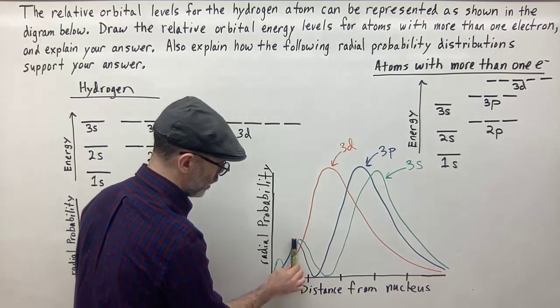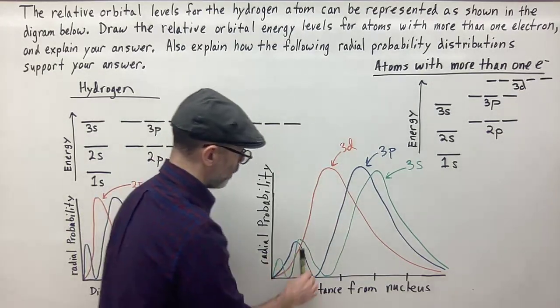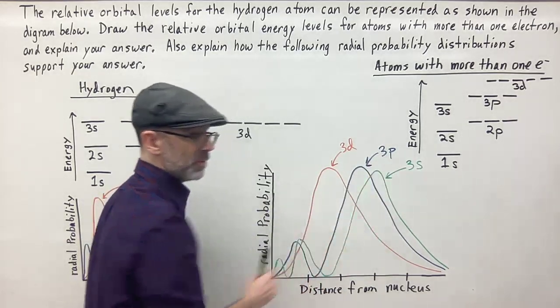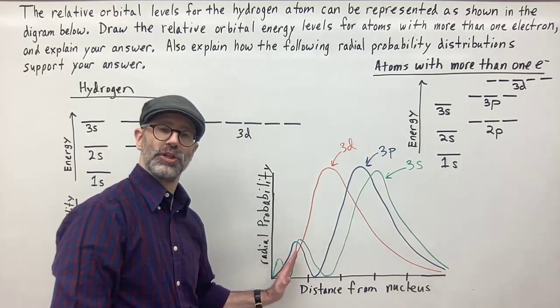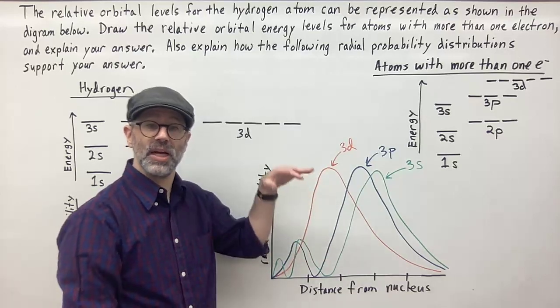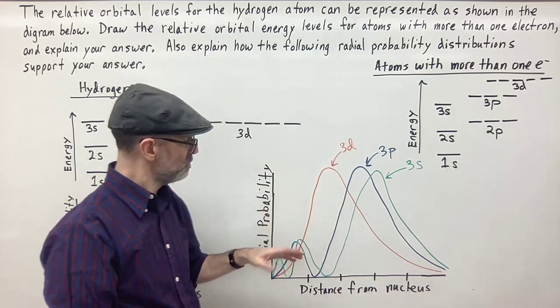Notice that this peak is closer to the nucleus, and because of this penetration by the 3p electrons, they're able to get closer to the nucleus than the 3d, thus giving the 3p sublevel a lower energy.